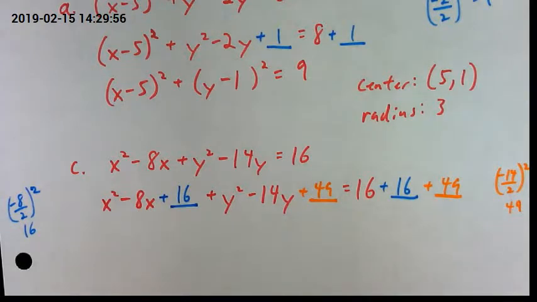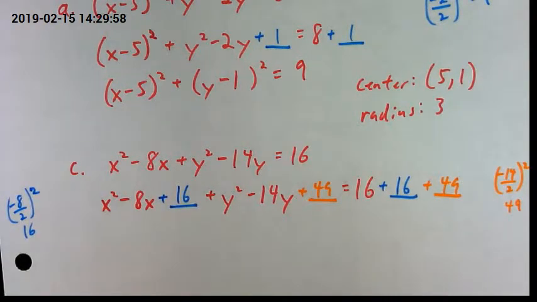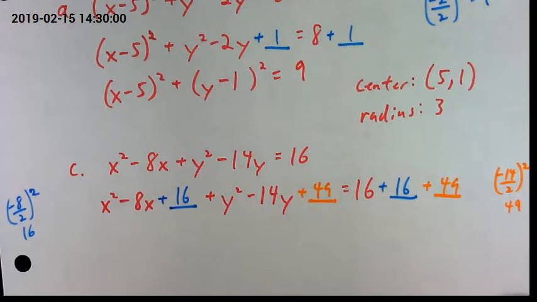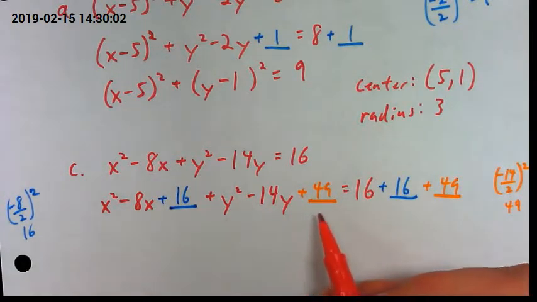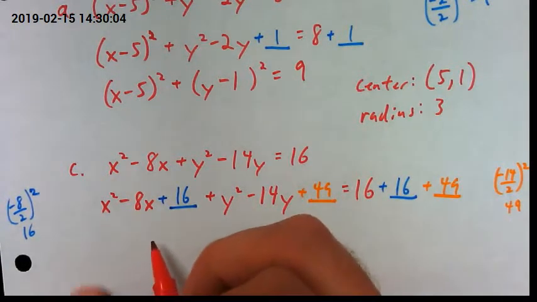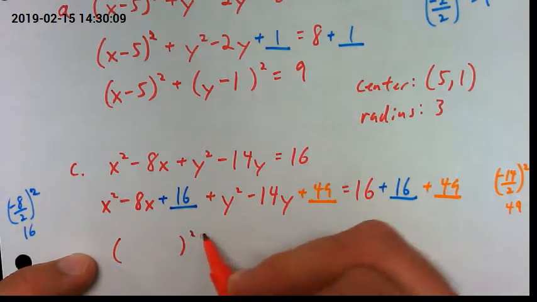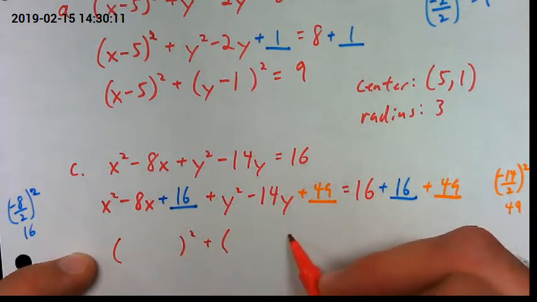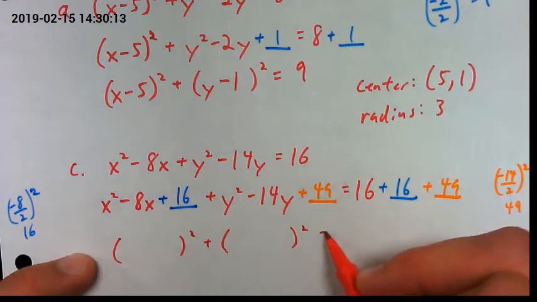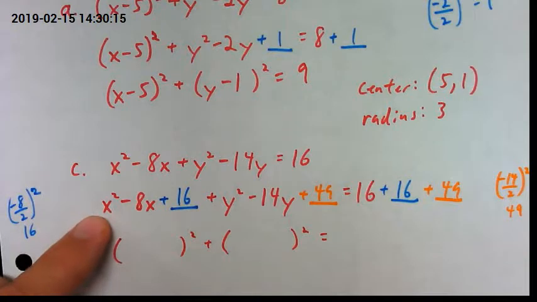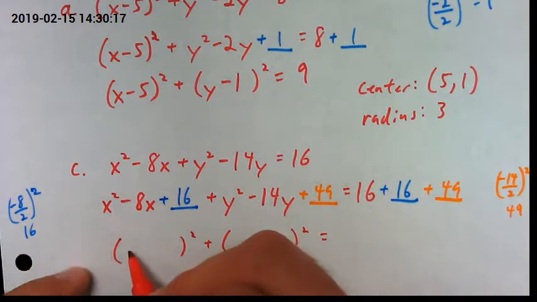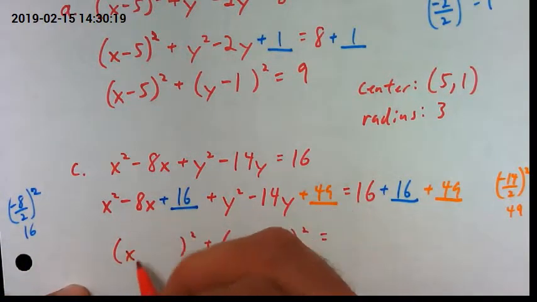So now, once you do that, we're almost done with this problem. This side we're going to change back to binomials. So for the x's, we're going to have a binomial squared. And for the y's, we'll have a binomial squared. So, for the x's, x minus 4.